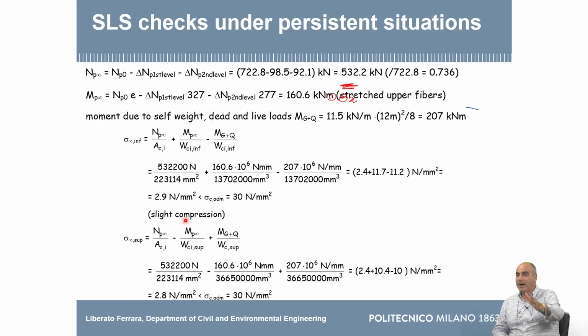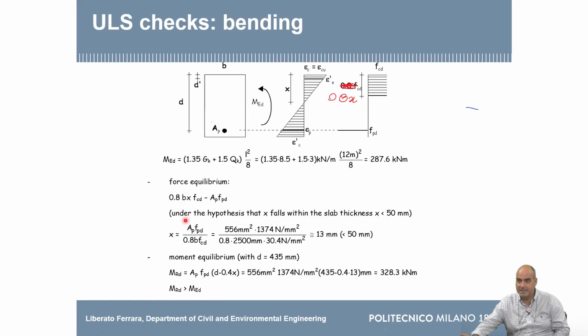Here, you are keeping the whole cross section. When you go to ultimate limit state, what is working is the tendons and a very thin part of the slab. So it's the composite way in which the cross section is working that is giving you a completely different perception of the safety that you have.